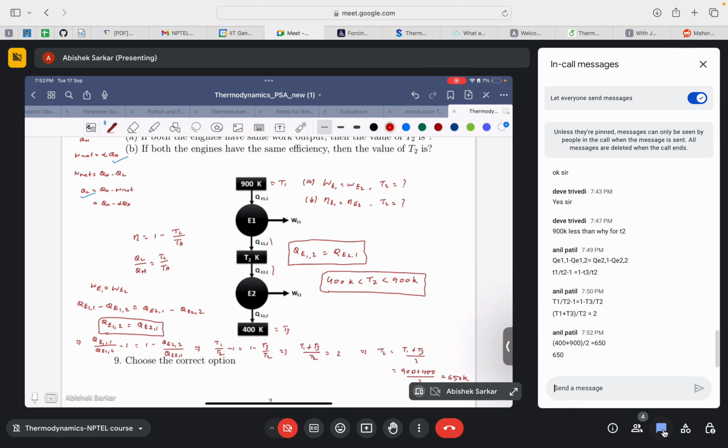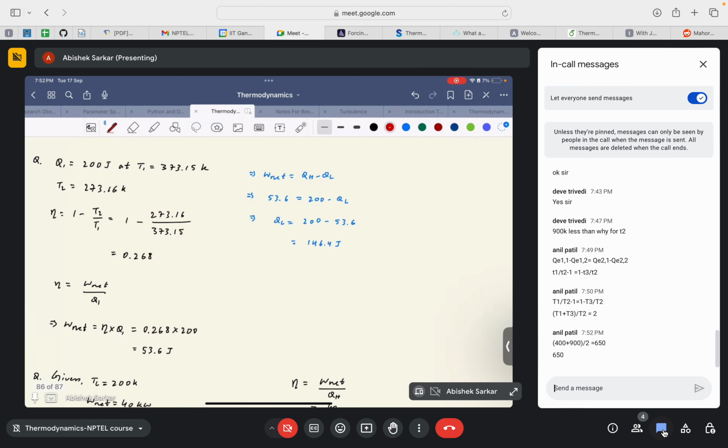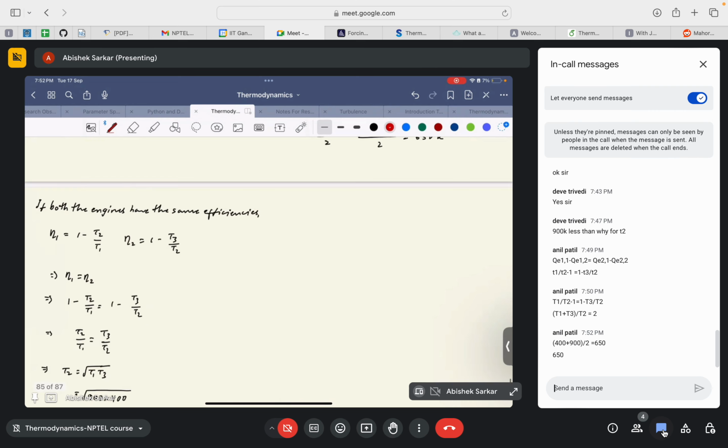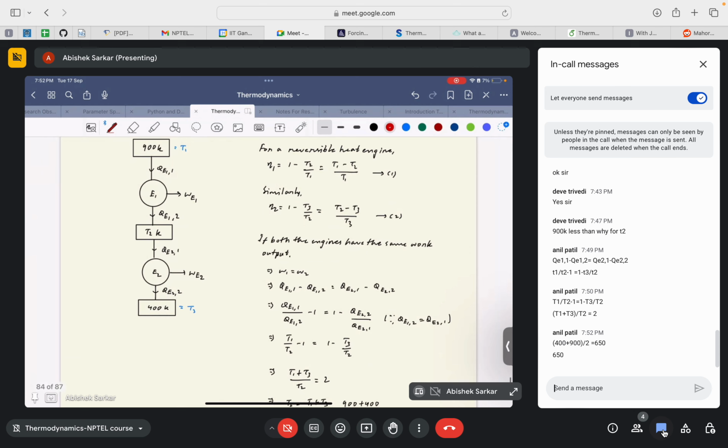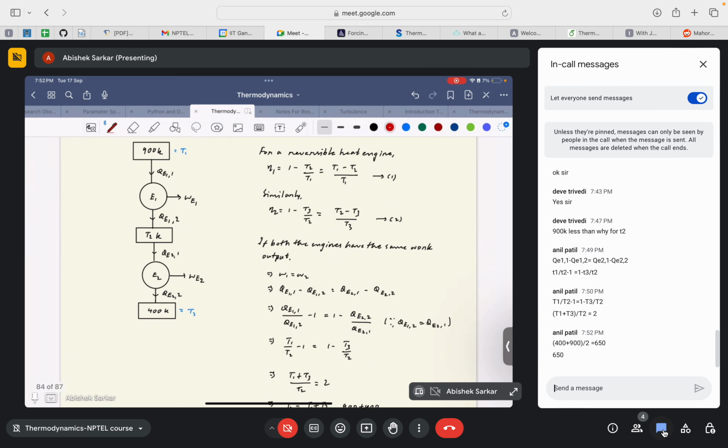Thank you so much, Anil. Just for clarification, let me show you the solution, for the other viewers as well who will watch the video. This is the problem that we have in our hand. I have taken 900 Kelvin as T1 and 400 Kelvin as T3 for simplification. All other terms are exactly the same as the diagram that was shown.